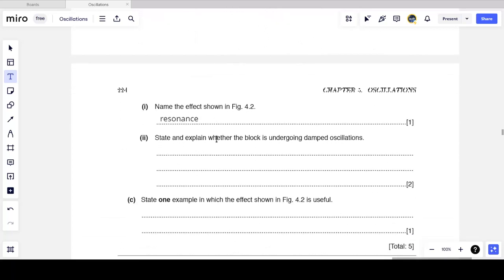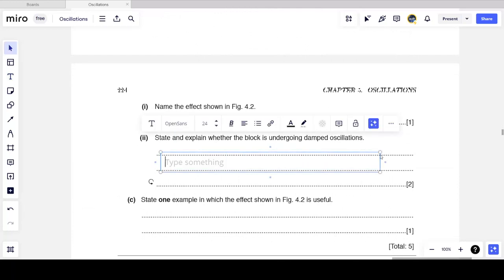And so what we can say to explain that is that the peak is not an infinite height. So the fact that the peak is some finite value means there's some damping occurring. It may not be significant damping, but we can simply say the peak is not an infinite height, or the maximum amplitude is not infinity.